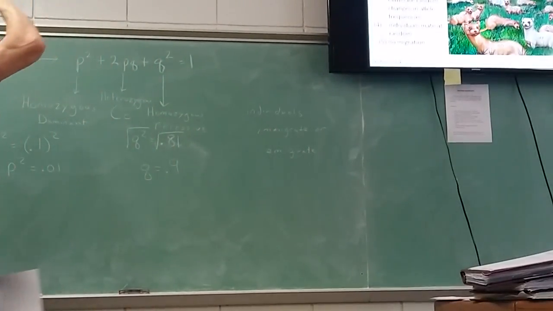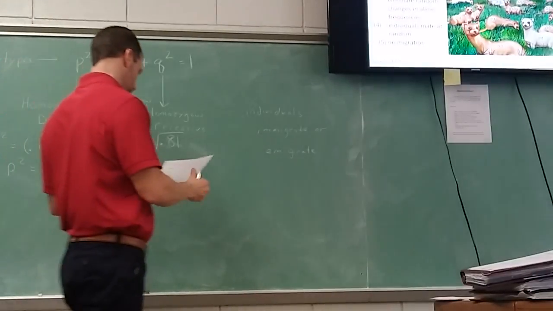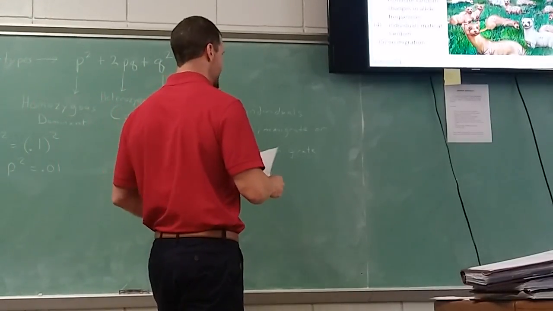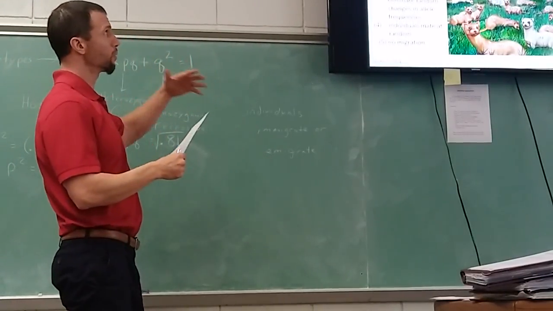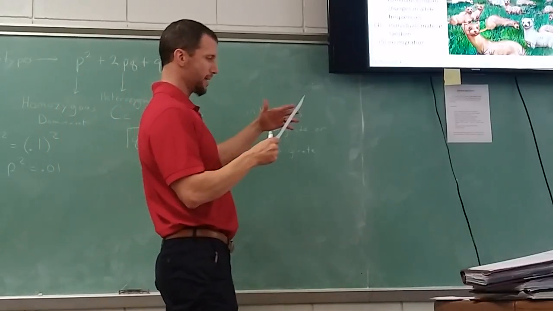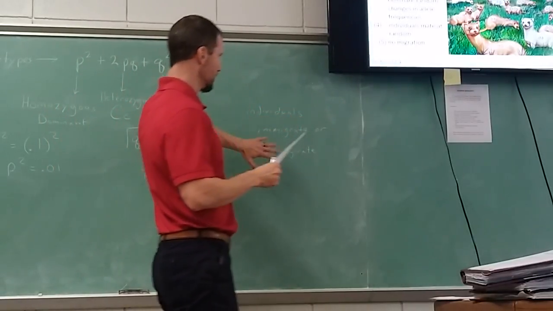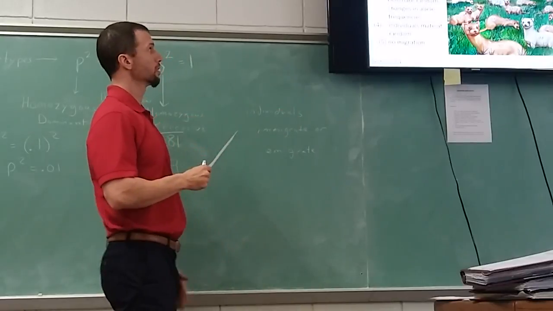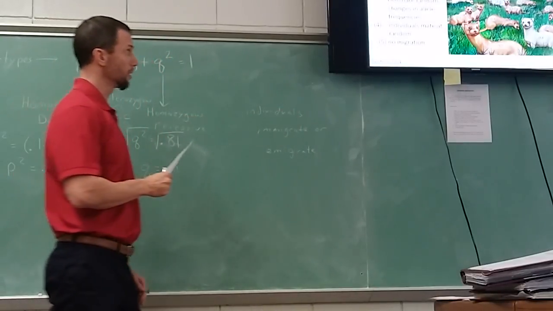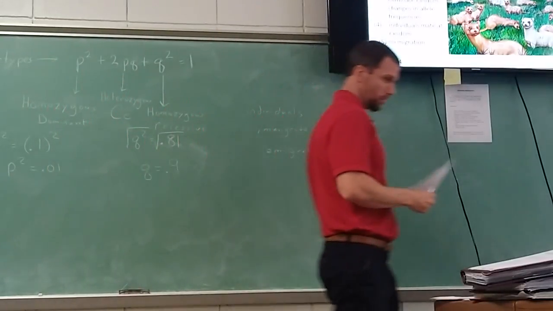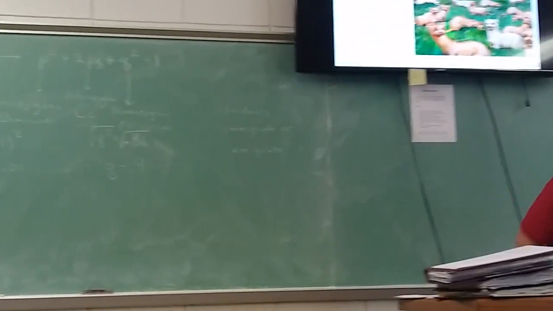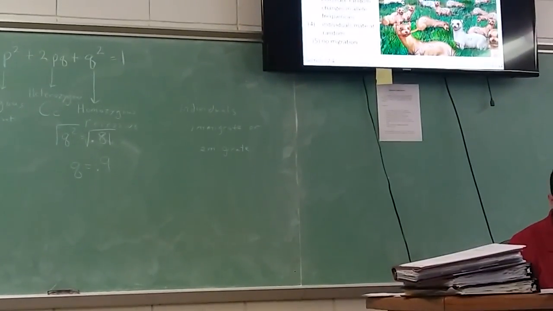That would break one of the rules of Hardy-Weinberg. Hardy-Weinberg equilibrium will not occur in a population if you break any of these rules. So that's one of the test questions there.